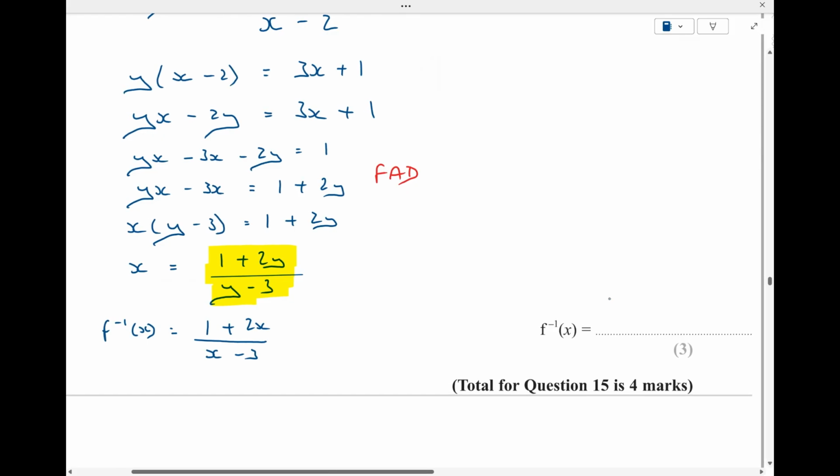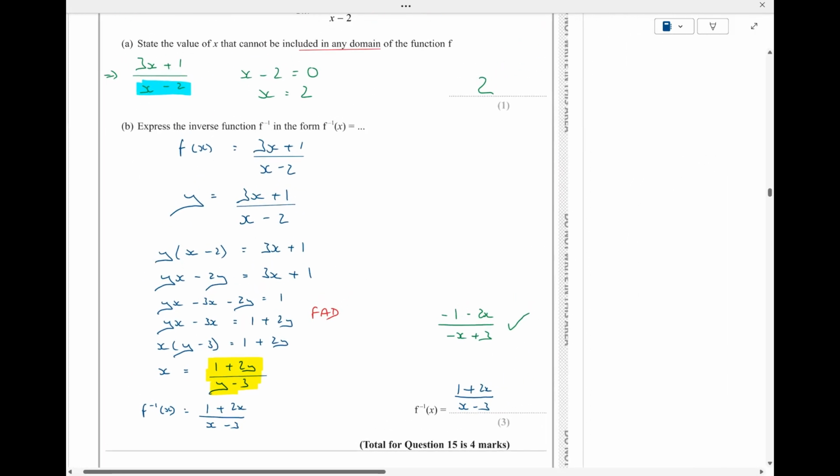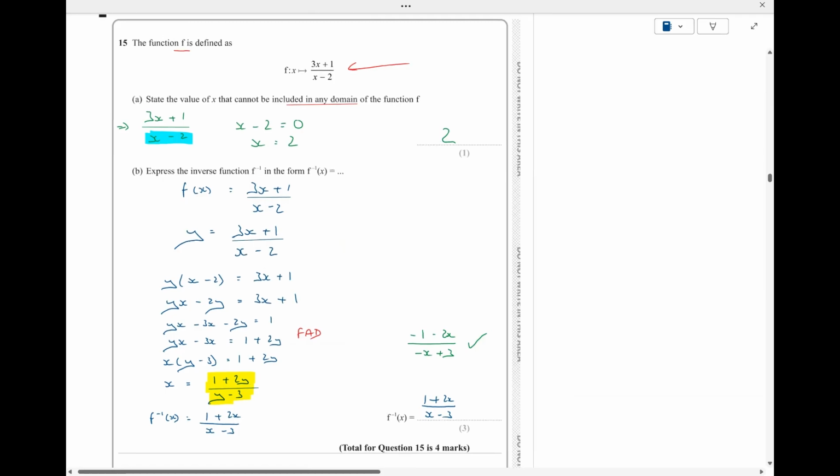So here it is, 1 plus 2x over x minus 3. Now, if you've done it slightly different to me, you might have ended up with minus 1 minus 2x over minus x plus 3, which would also be absolutely fine. And there's question 15 sorted.